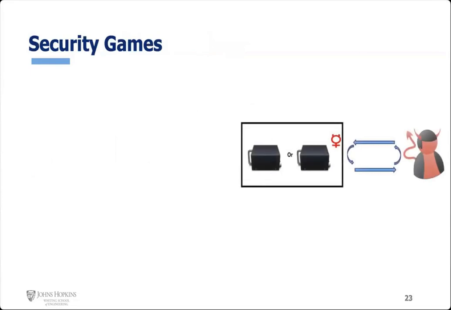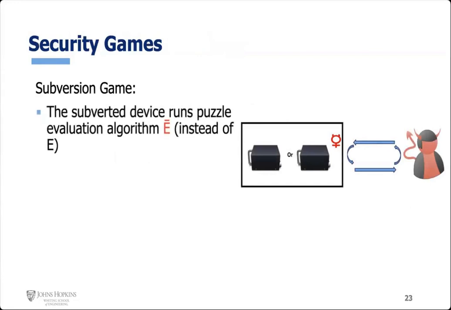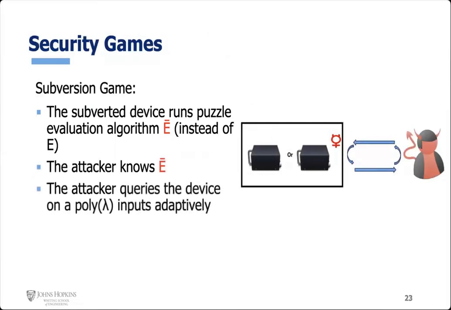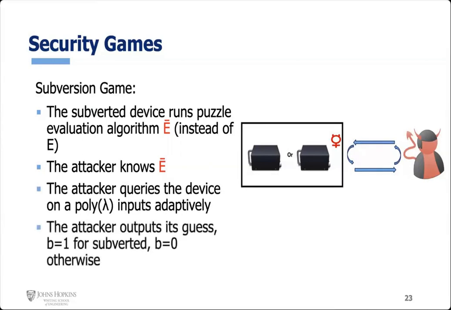Here are some security games that we use to formalize these attacks. So let's talk about the subversion game first. In the subversion game, the attacker is talking to a device and it tries to figure out whether it's talking to an evaluation algorithm that is malicious or the non-malicious variant, right? The attacker knows what the malicious variant is, and the attacker has query access to the device on a polynomial number of inputs.